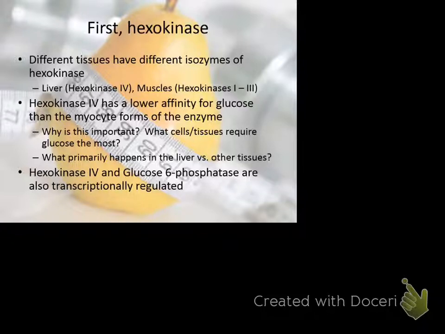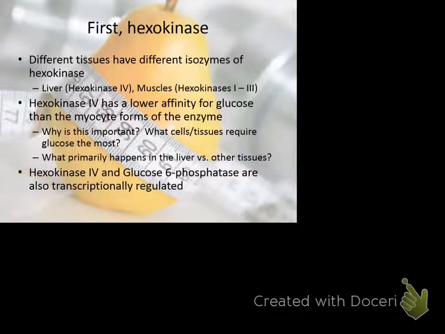As I mentioned before, there are at least 4 different isoforms, or isozymes, of hexokinase. And they're numbered 1 through 4. They use Roman numerals. The hepatic isoform of it is called hexokinase 4.